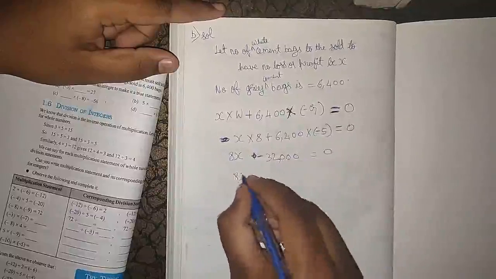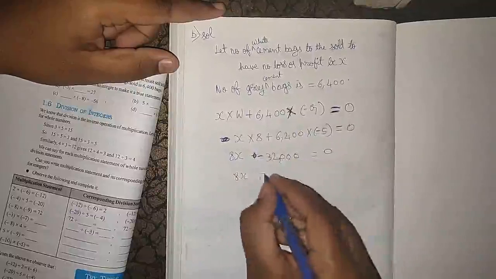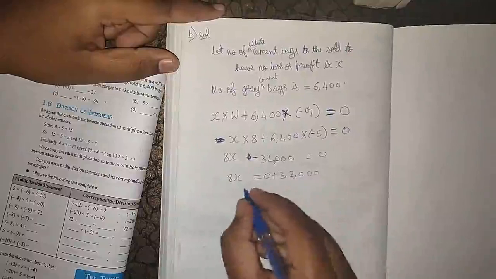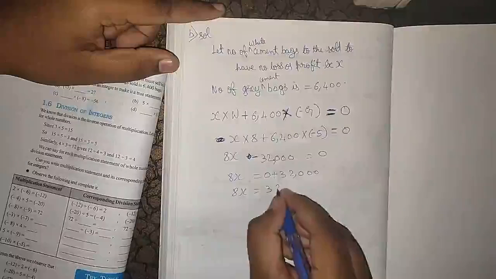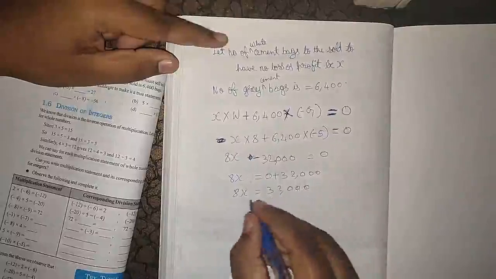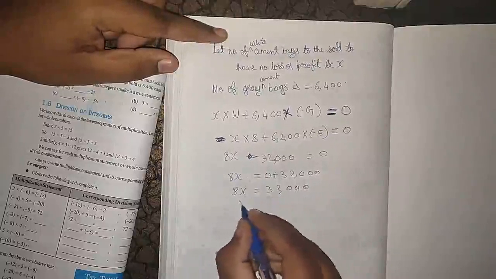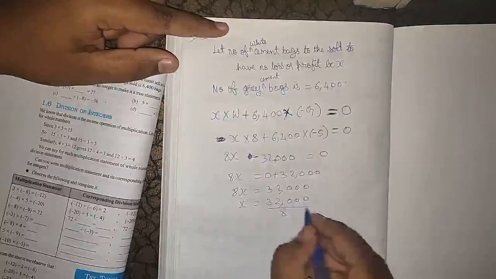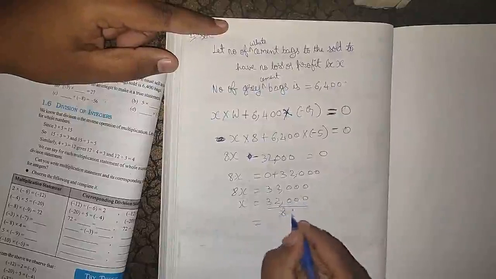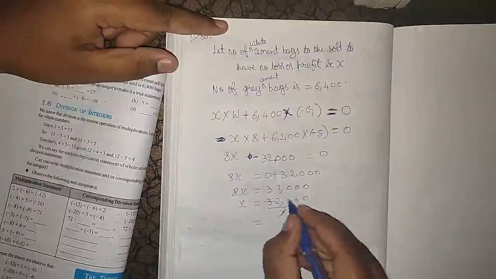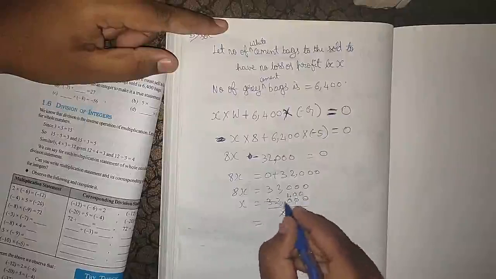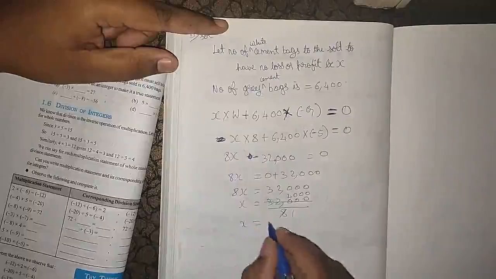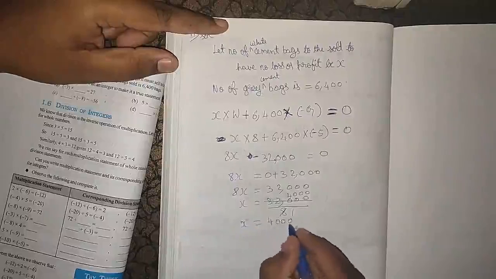So if the minus goes to the other side, it will become plus: 0 plus 32,000. 0 plus any number is the number itself, so it will be 32,000. So x will be equal to 32,000 divided by 8. Multiplication, if it comes to this side, will become division. 8 fours are 32, so 4,000. So x is equal to 4,000.